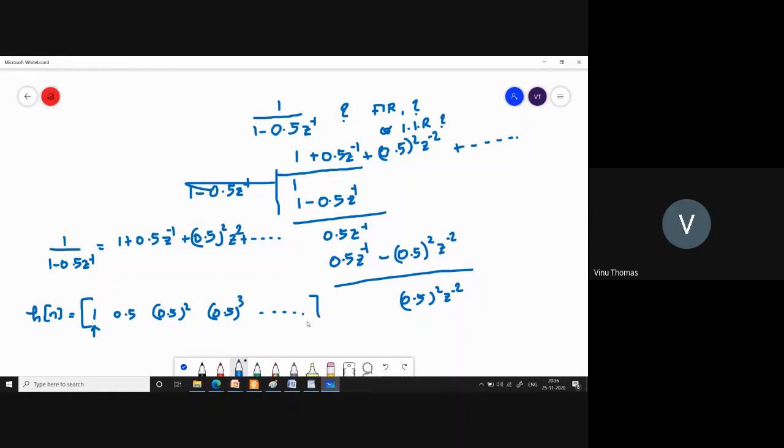Infinite samples, and therefore this is an IIR filter. That is why this is an IIR filter, right? Okay.